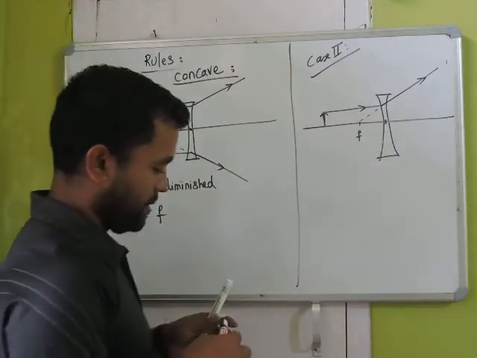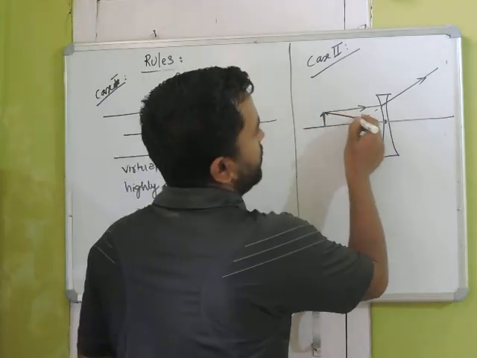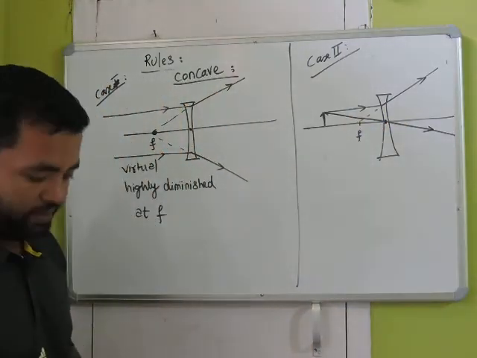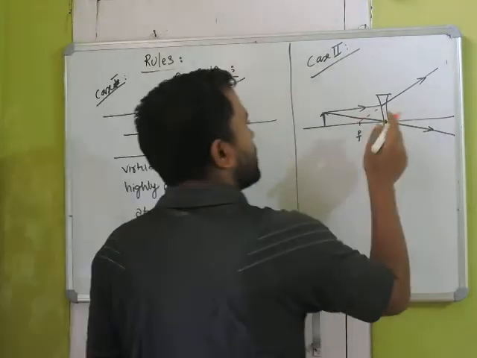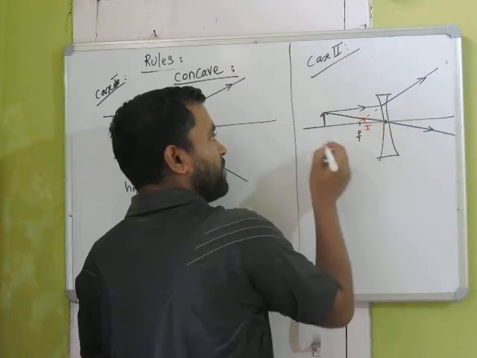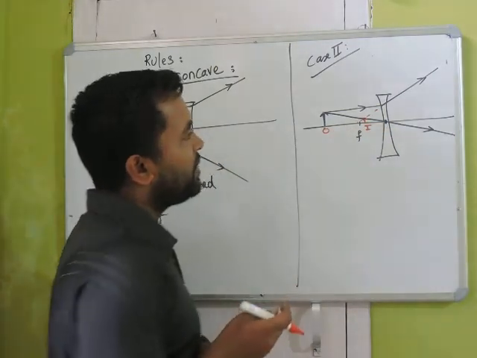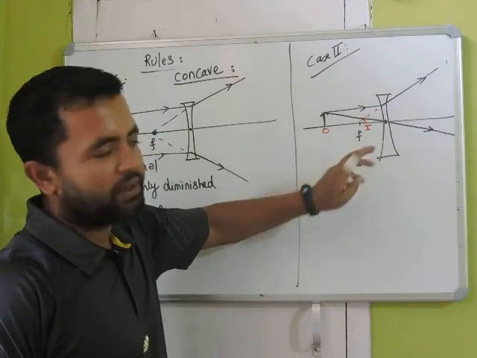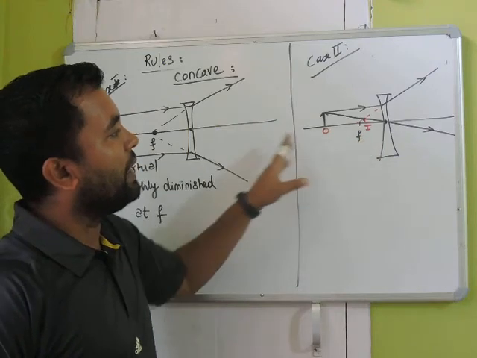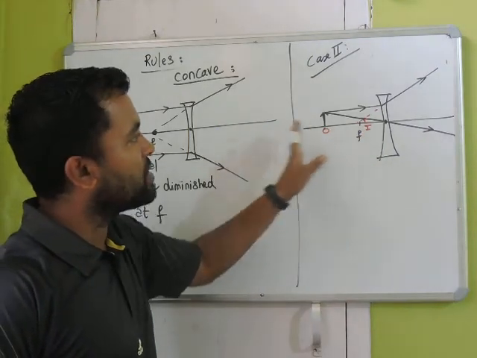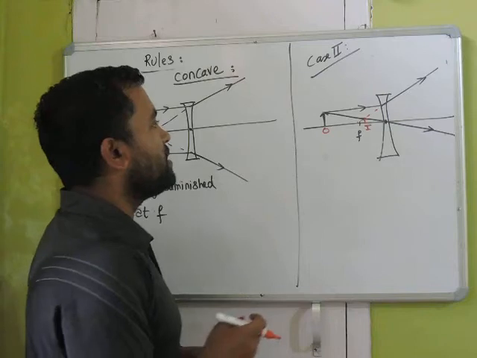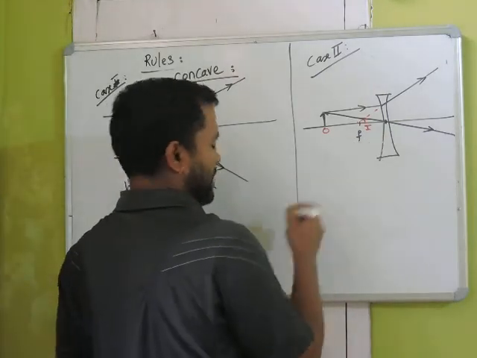Then I take a ray from the pole and it will go undeviated. Now the intersection of these two will form an image here. So I will write just I for image. This is object. So you can see the image will form if you place the object anywhere between focus and infinity, then the image is formed between focus and optical center.